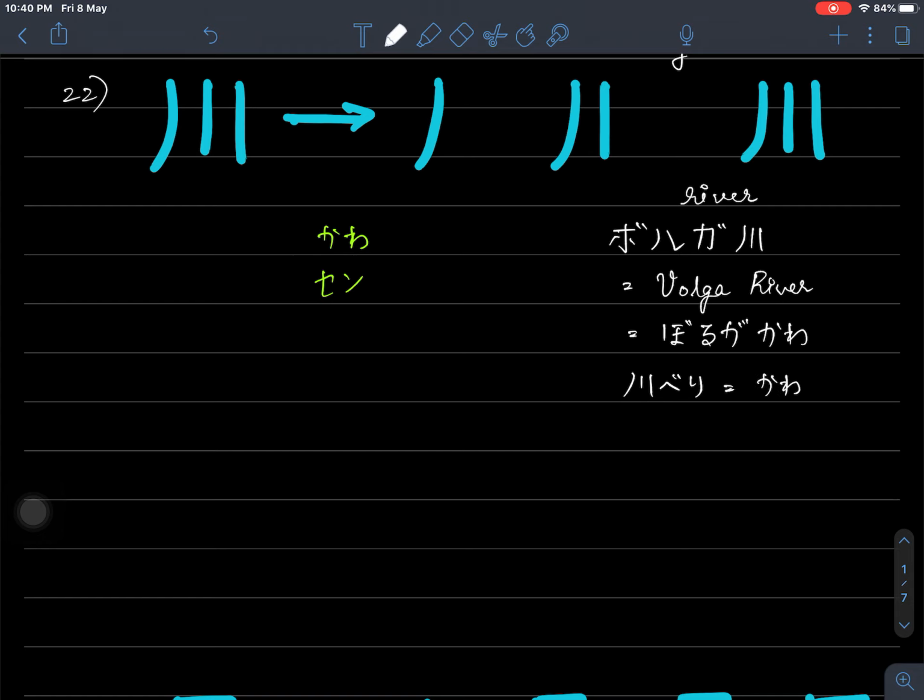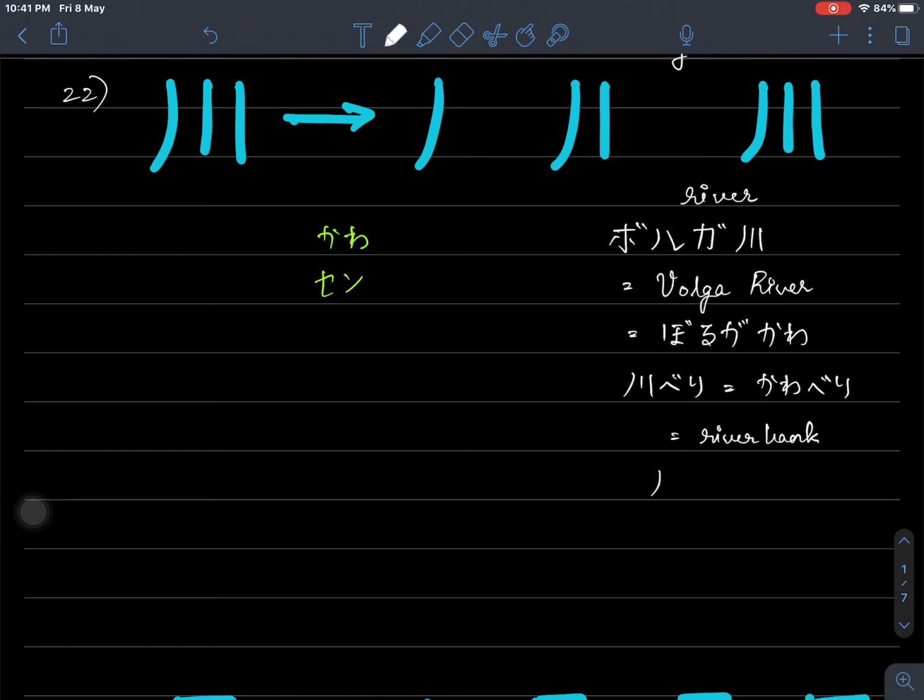This will be read as Kawaberi, which means riverbank. There is another word for riverbank which we will do at a later point of time because that has its own kanji.